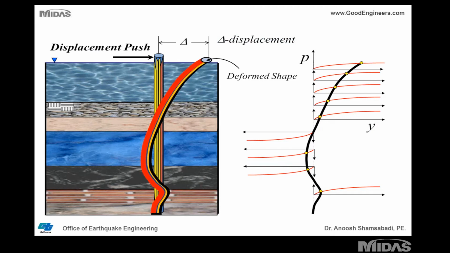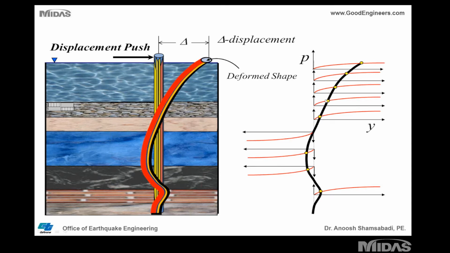Now, for the pile, in order to develop nonlinear springs for the piles, you basically stick a pile in the ground, and based on the different soil layers, you apply a load or a force or a displacement, and you come up with the deformed shape of the pile, and as a result, you develop these nonlinear pile springs. Now, if you need to linearize the foundation at a given displacement, then you need to come up with a linear stiffness.